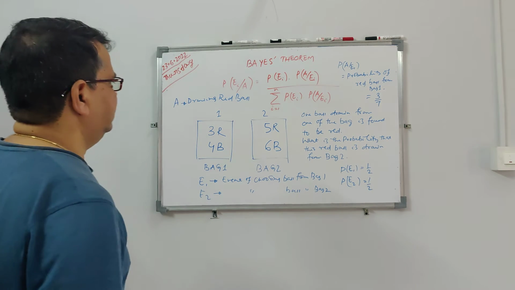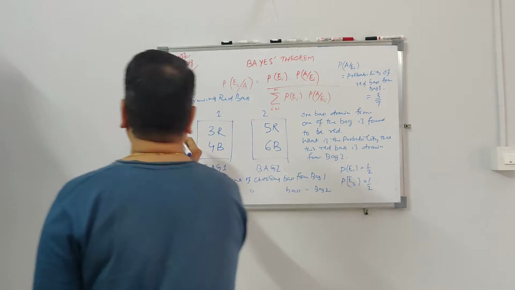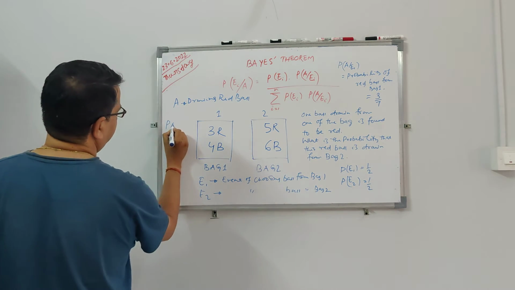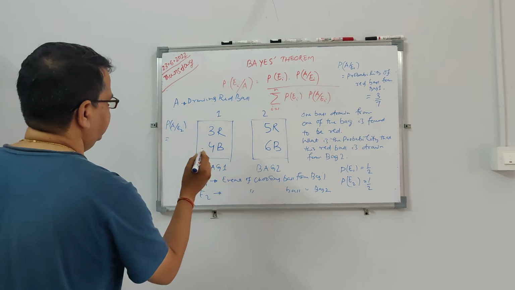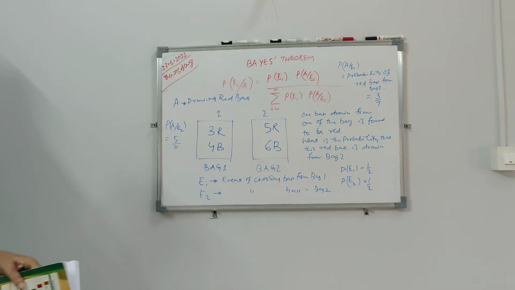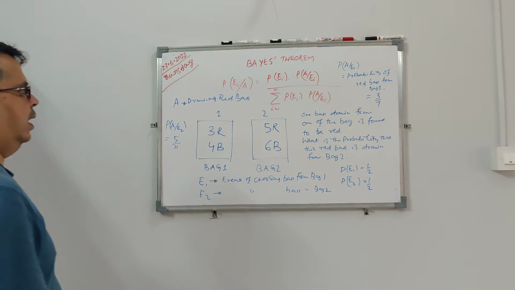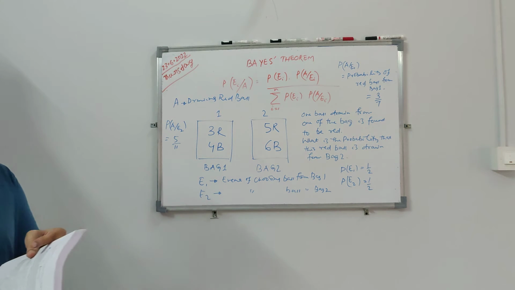Similarly, the probability of A given E2, that means a red ball from bag 2, is 5 by 11, right? So now you know P(A given E1), P(A given E2), P(E1), P(E2), everything.